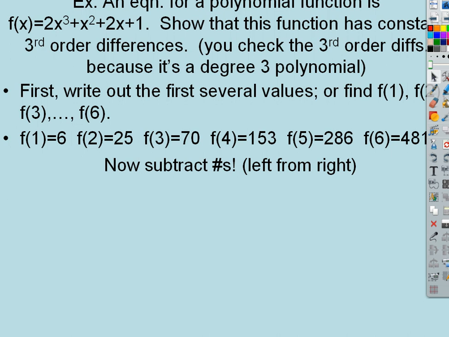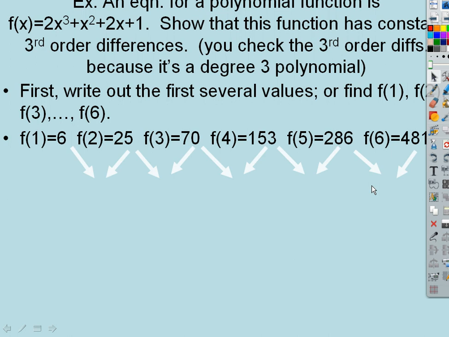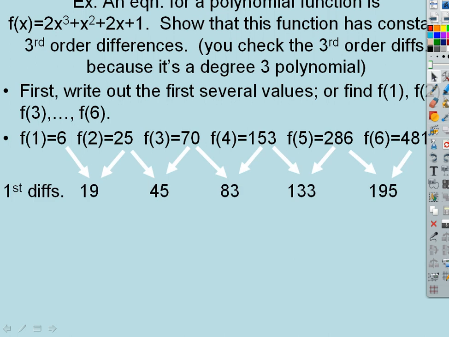So for example, if I want to find the difference between the first two, I'm just going to subtract the y values. Going from 6 to 25, I always subtract the left from the right. 25 minus 6 is 19. In other words, the y value increased by 19 from the first term to the second, right? From the second to the third, the y values increased from 19 to 45, right?